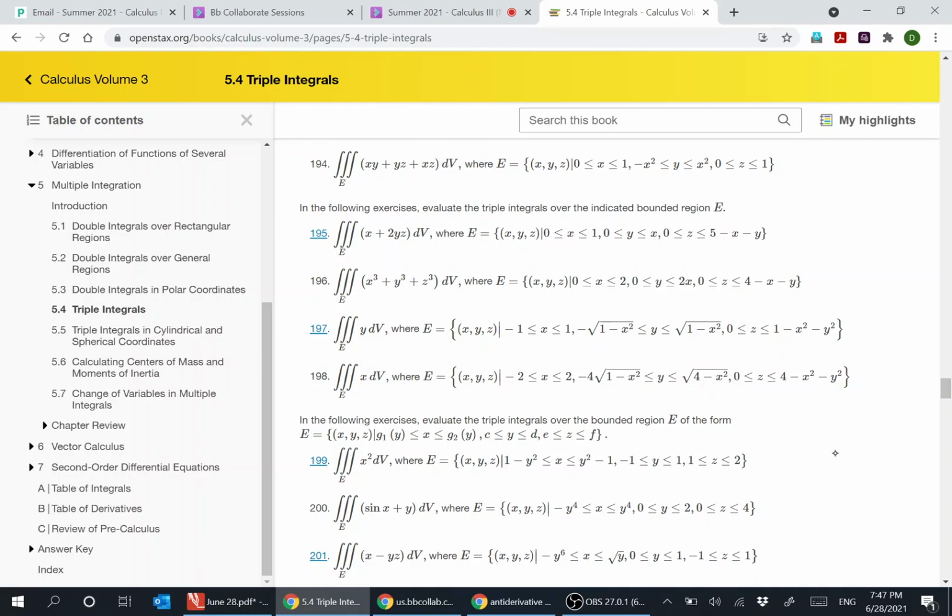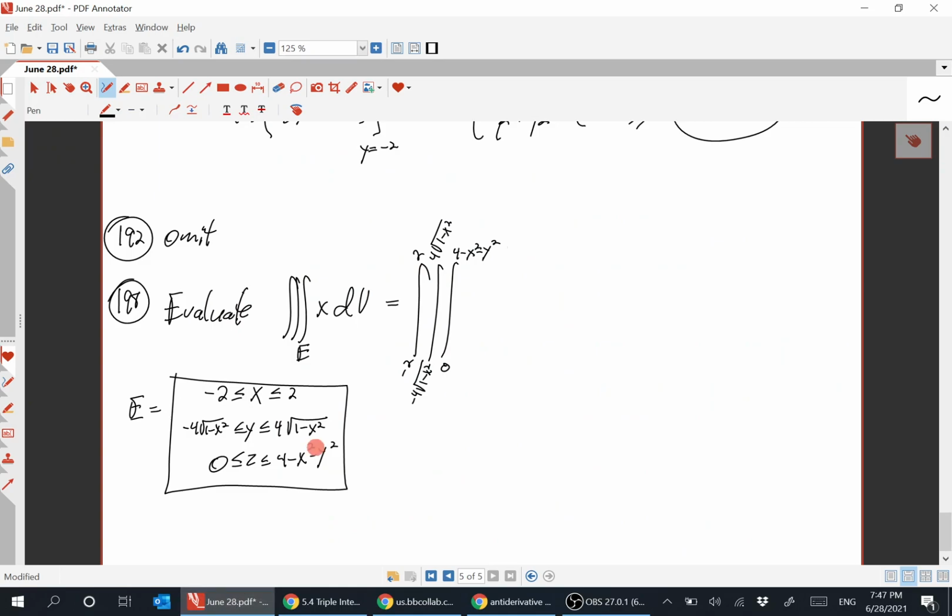So this 1 is supposed to be the 4. All right, and we have x, and then this is dz, dy, dx, again going from bottom to top.